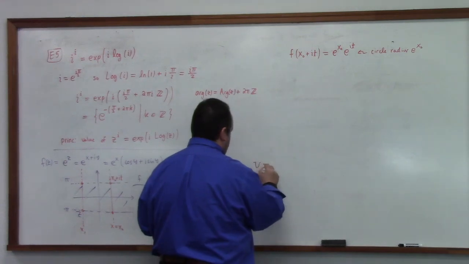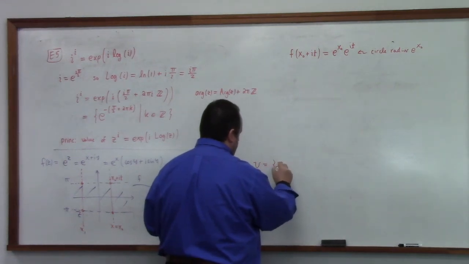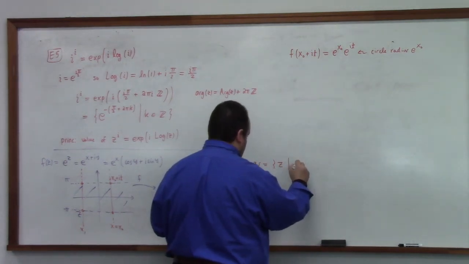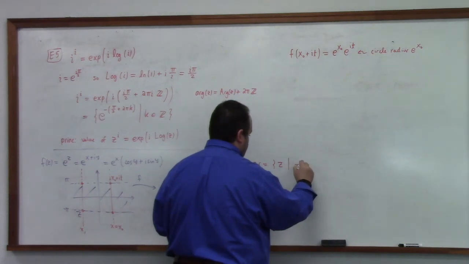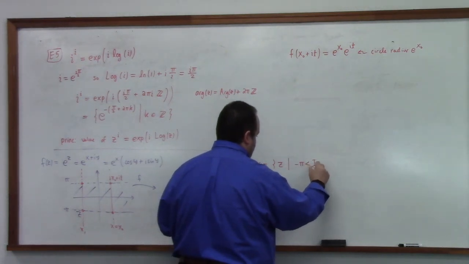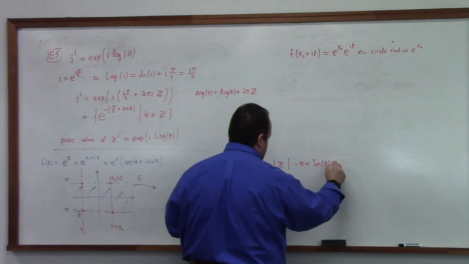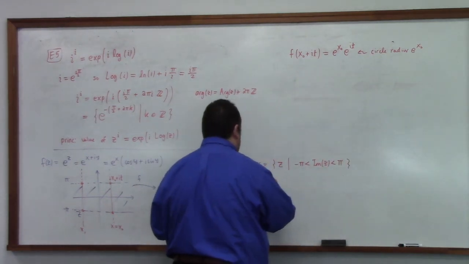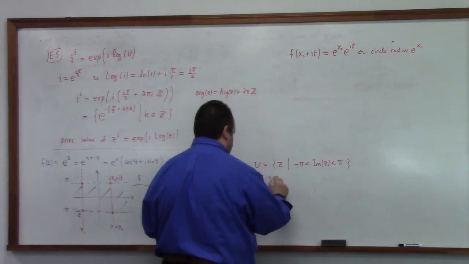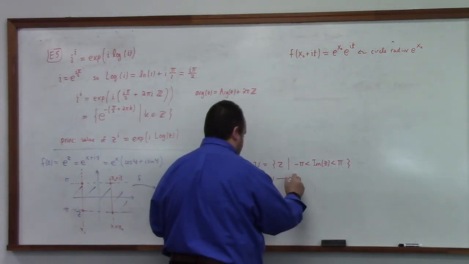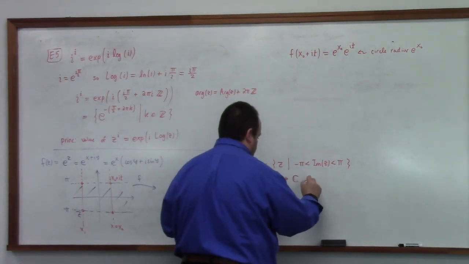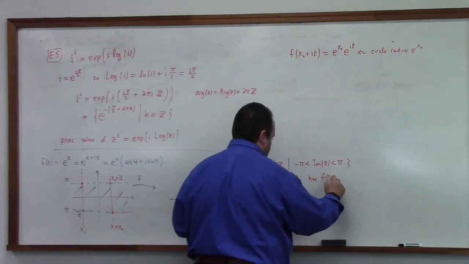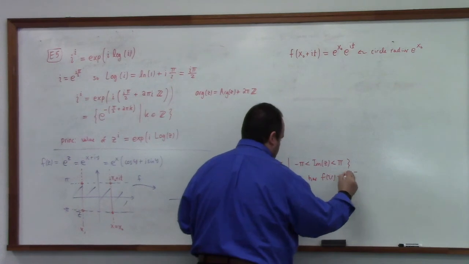So if we let U be the set of z such that minus pi is less than the imaginary part of z, which is less than pi, then f from U to C has f of U equal to C minus.